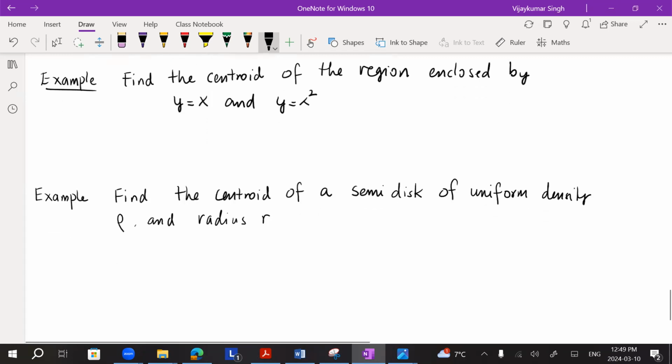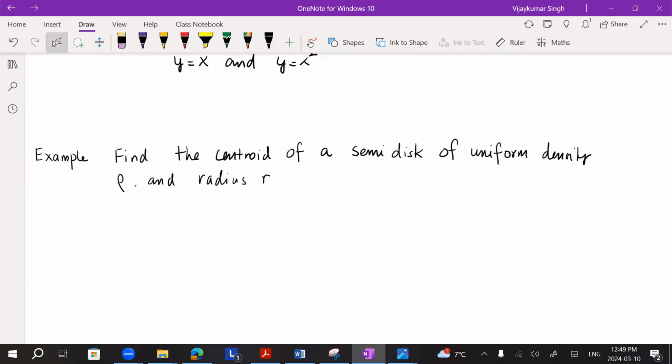All right. So let's maybe work with this problem first. So we have a semi-disk of radius r, and the density is uniform.